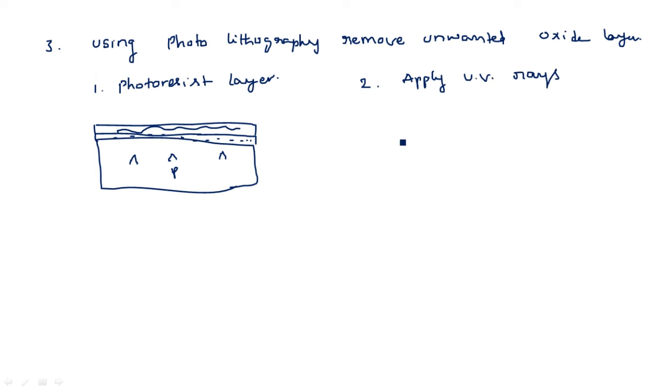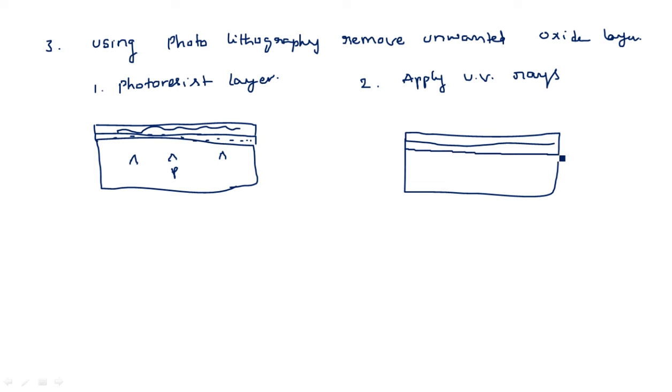Through a mask we are applying UV rays. The mask should be kept where we want to remove the oxide layer, because UV makes the area soft so that we can remove it.